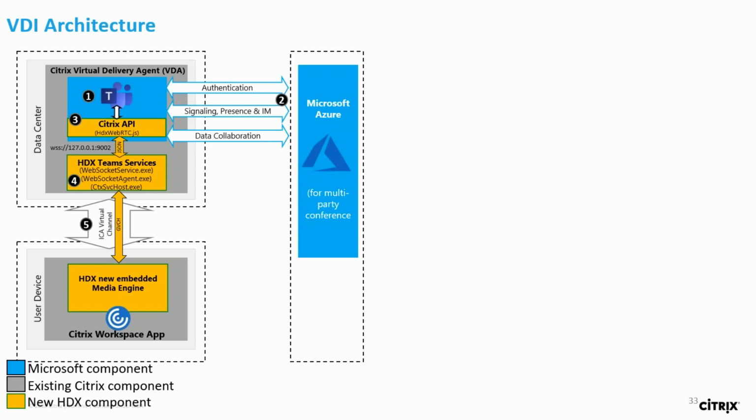And once that's detected, that initiates that virtual channel, that secure virtual ICA channel across to the Citrix Workspace app. And once that channel is detected, the WebRTC, the HDX engine, kicks off on the Workspace app itself, and these are then able to pass traffic securely through that WebRTC, or the new HDX engine as it's called.